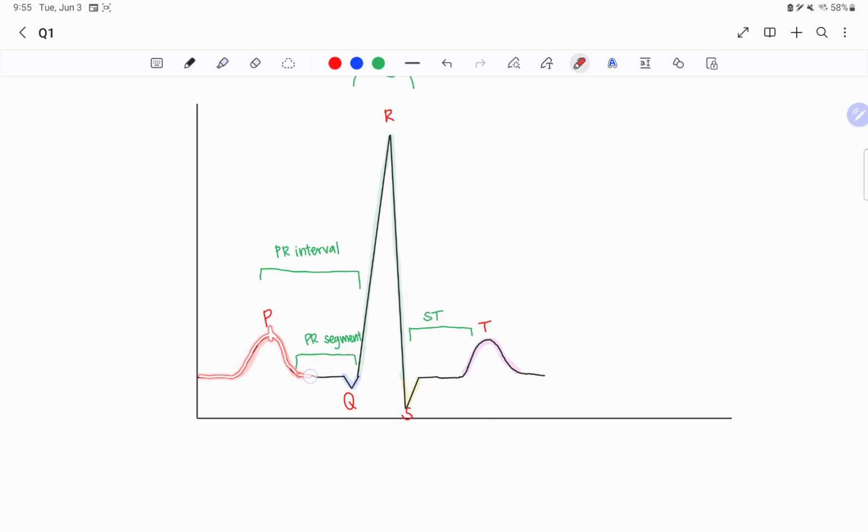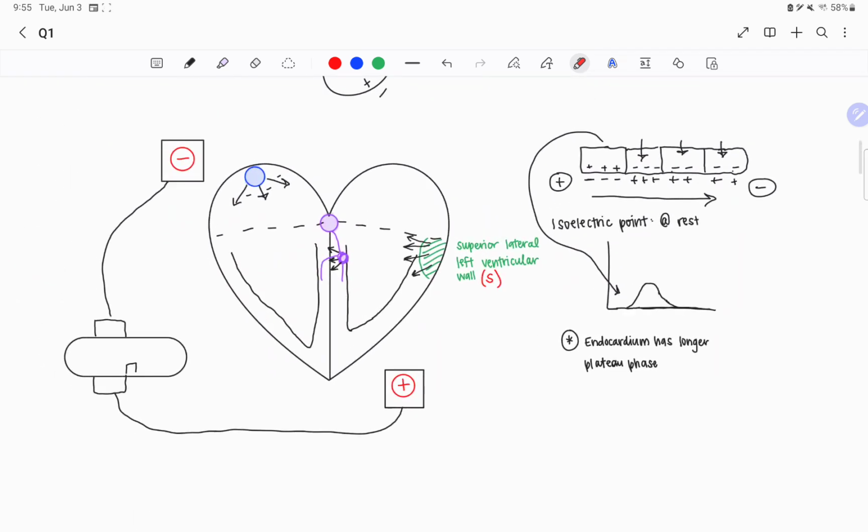Now, once that P wave has all happened, the AV node kicks in right about here in this area. Okay, and then what it does is, if you come up here, this AV node sends the signal to this bundle of His. I don't know how to say it really.